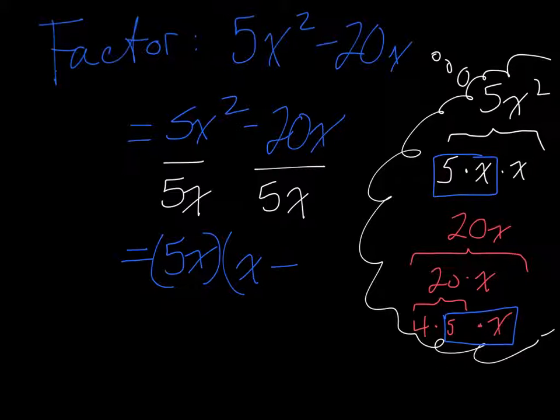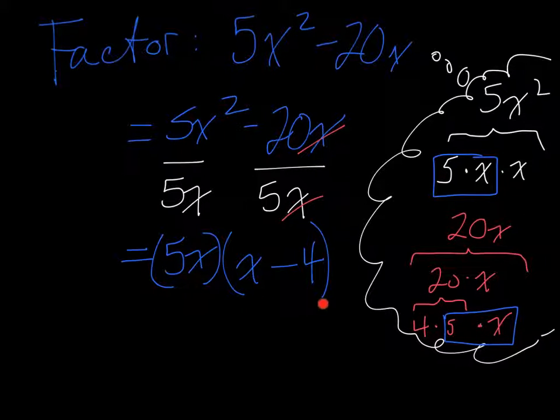Minus, our x's cancel out. And what's negative 20 divided by 5? That's negative 4. And that's what's left over.